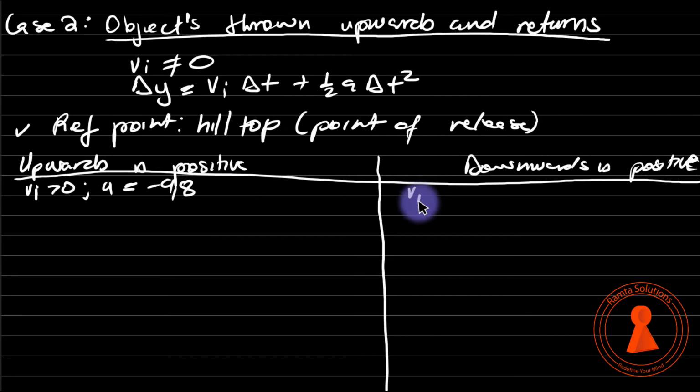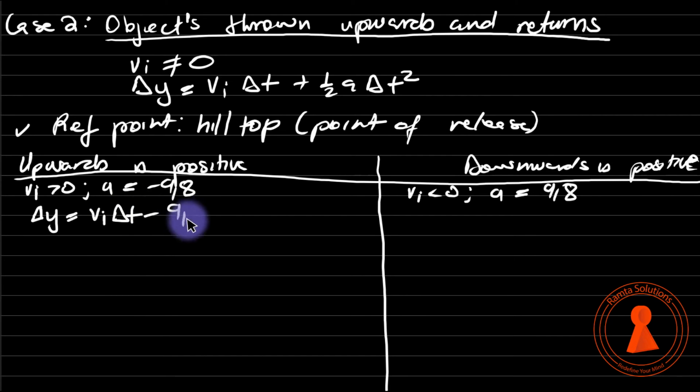Here, your initial velocity will be negative and the acceleration vector will be positive 9,8. So what do you have? delta y equals vi delta t minus 9,8 delta t squared.